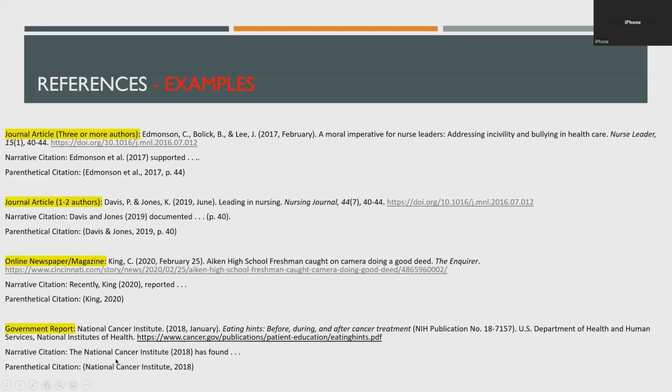And we have our examples of our in-text citations as well. So I recommend taking a picture of this, taking a screenshot. I'll pause for a moment for you to do that. Got it. All right, great.